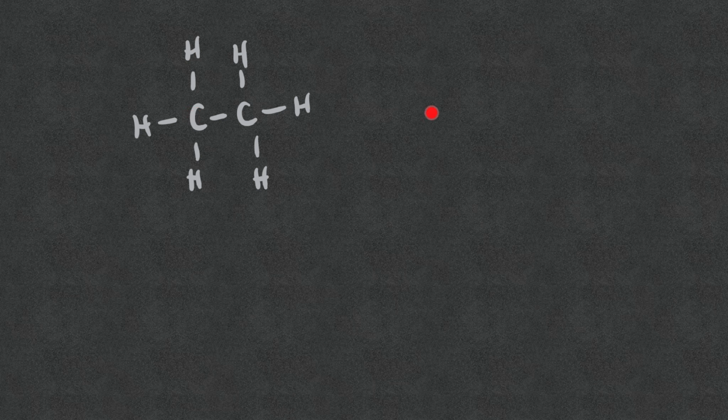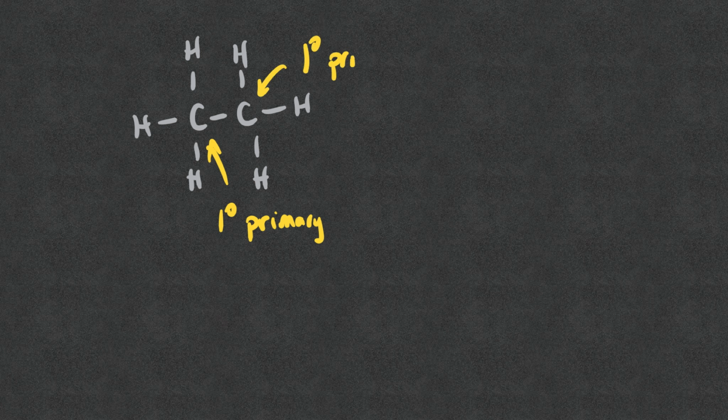And if you notice, there's only one other carbon. So what we'll say is that this carbon is a primary carbon, all right? Meaning that it's only attached to one other carbon. This carbon is also a primary carbon, all right? Because it's also attached to one other carbon.